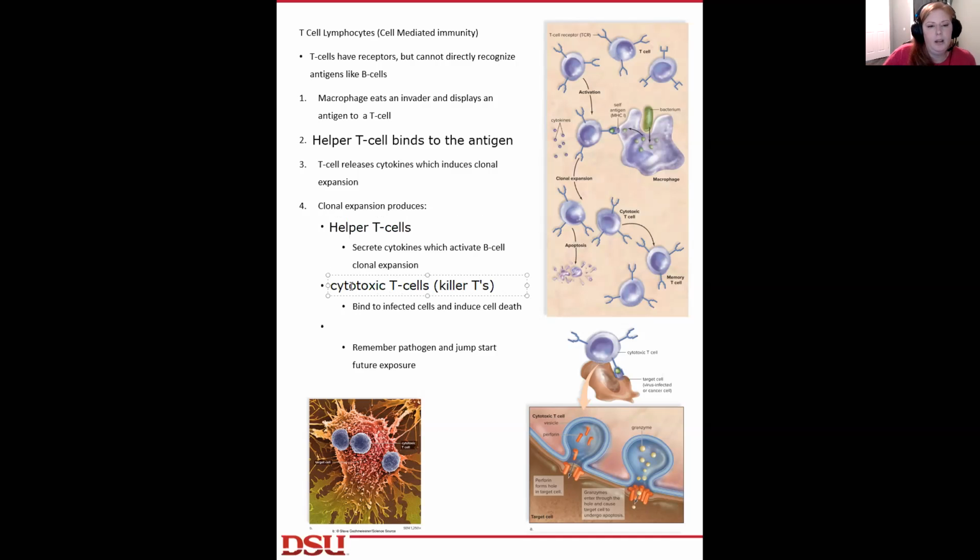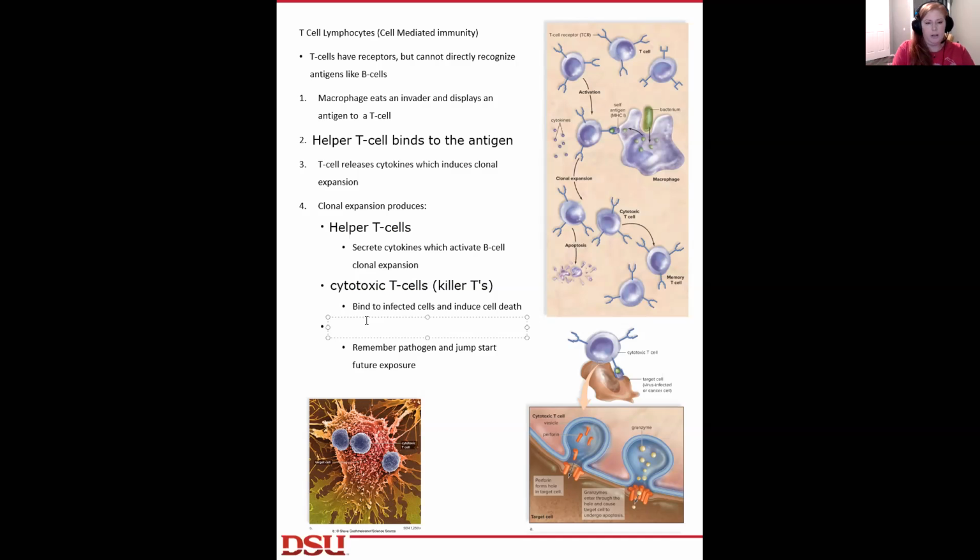They're the real awesome one. They're the superhero here, right? The helper Ts, it's the sidekick. What do they do? They release cytokines, which is super important. Not as awesome as the killer T that's going to actually go in and destroy cells that are already infected.